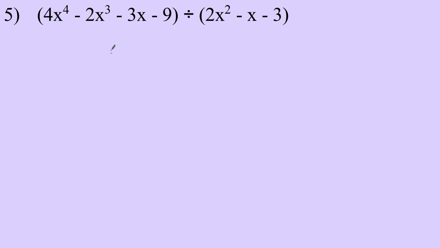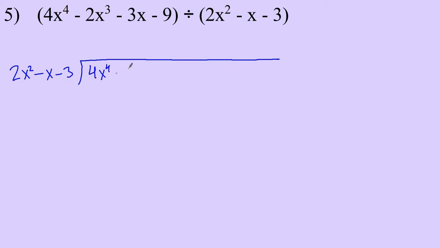All right, let's do another one. Watch how I set this one up. We do 2x squared minus x minus 3. So that has 3 terms. Make sure you multiply it 3 times. Now here I like to set up my columns. You have to represent all your degrees. We have 4x to the 4th minus 2x cubed.